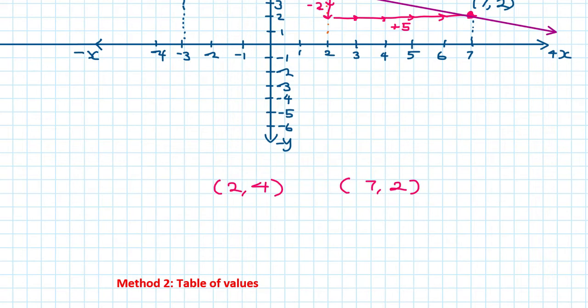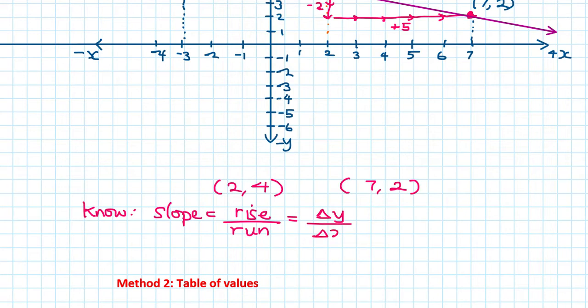And this is due to the fact that we know that our slope is equal to our rise divided by our run, and our rise is represented as our change in y, divided by our run, which is our change in x.